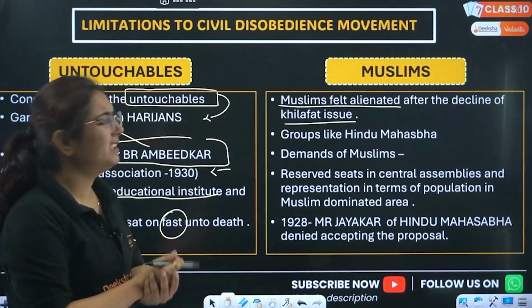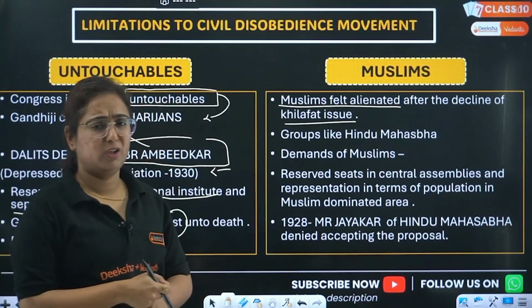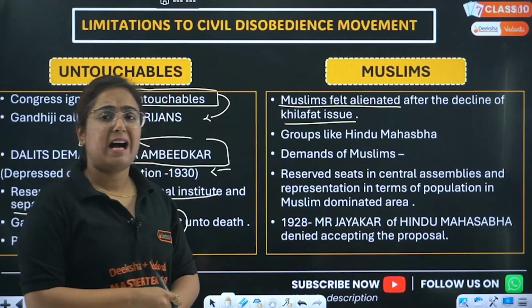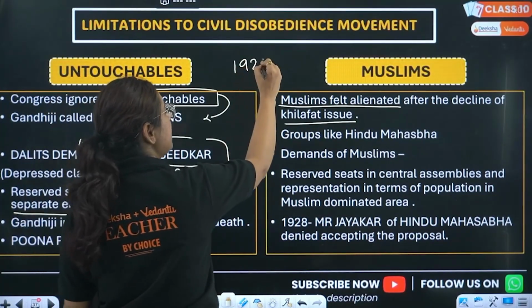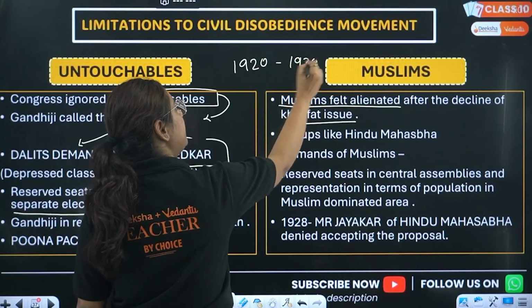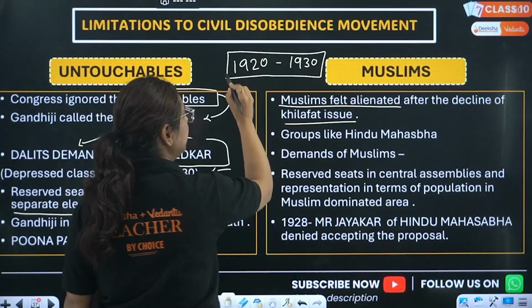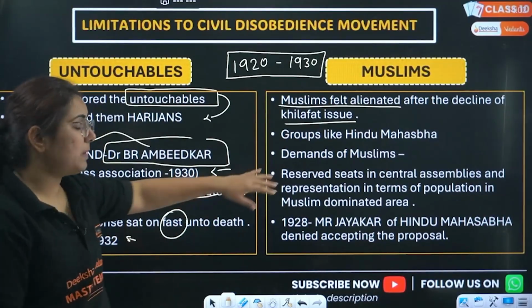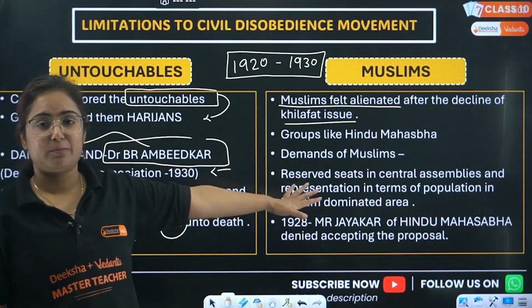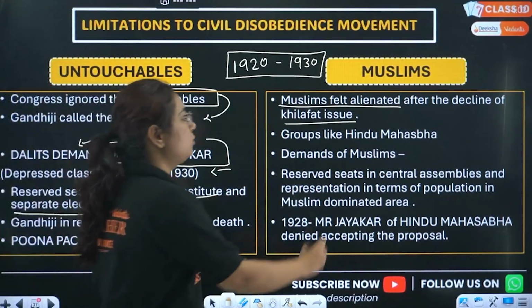Now what happened there? Basically, see, if we look back at the history of India, after the non-cooperation movement, the period of the 1920s to 1930s is a period where the drift between the Hindus and the Muslims was increasing. There were certain demands by Muslims which were not accepted by Hindu groups like the Hindu Mahasabha.